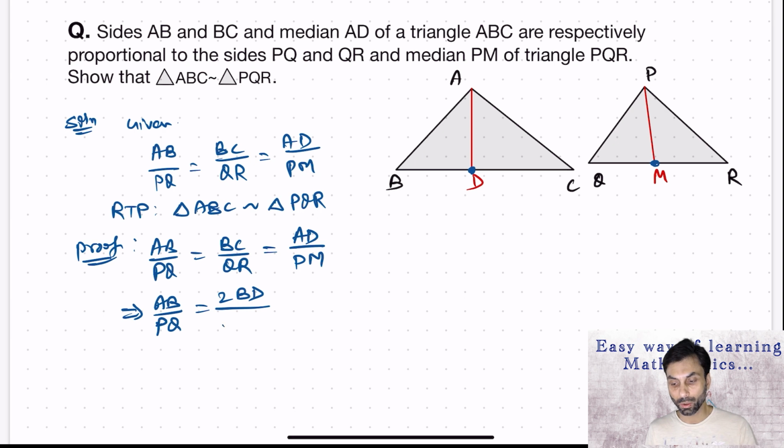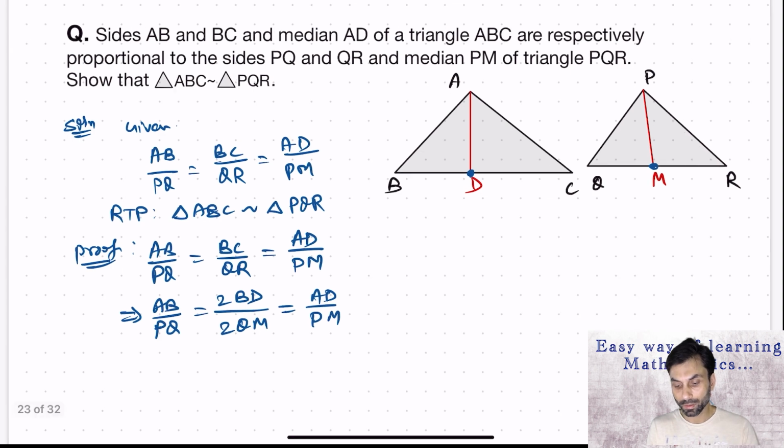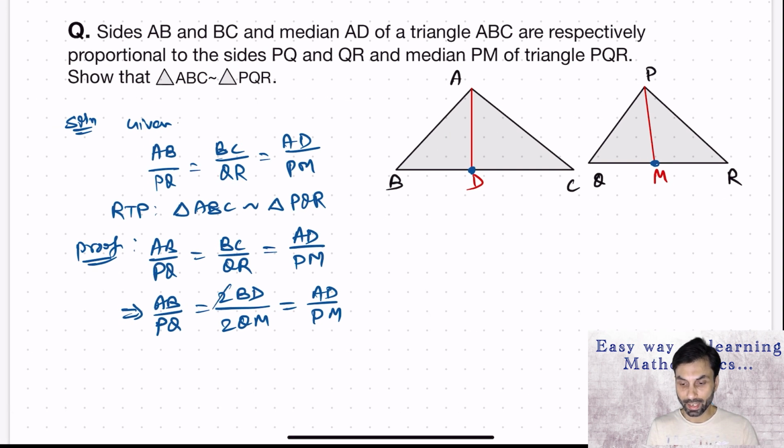So we can write QR as 2 times QM, which is AD upon PM. Now we can cancel 2 and 2. We'll get AB upon PQ equals BD upon QM, which equals AD upon PM.